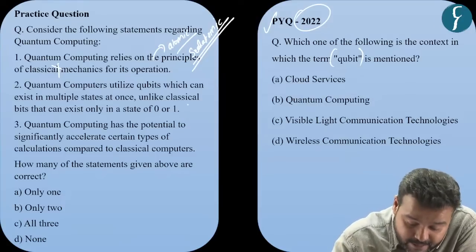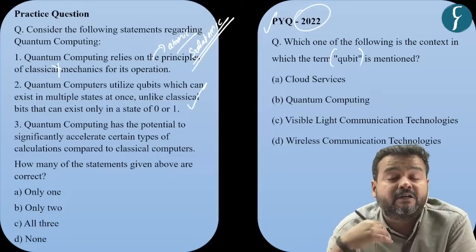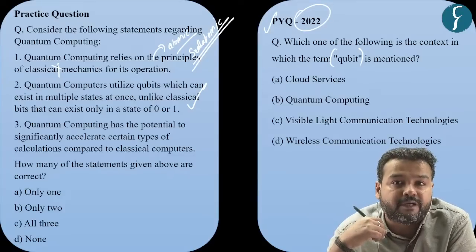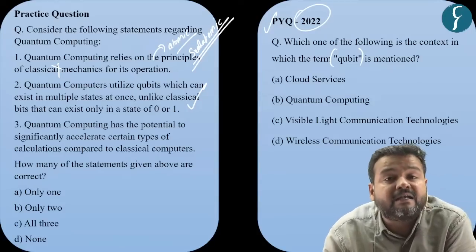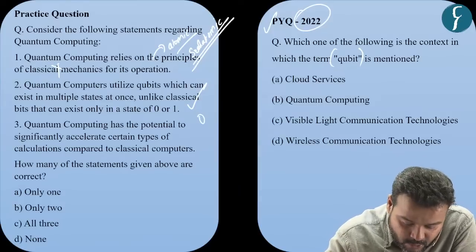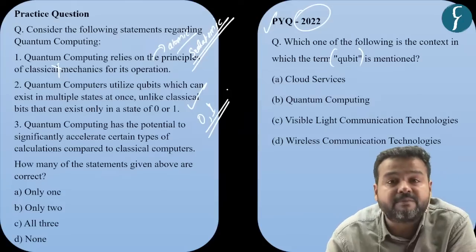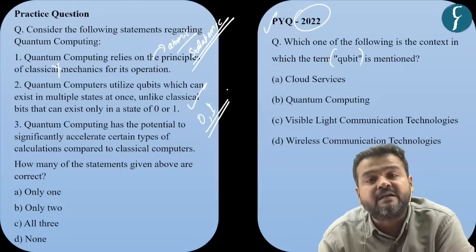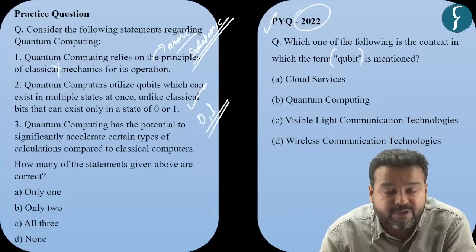Now, this statement is correct, and that is where the advantage of quantum computing lies, because it can exist in multiple states, a kind of superposition. It can use 0, it can use 1, and it can use both of them simultaneously. So simultaneous tasks are possible in quantum computers.